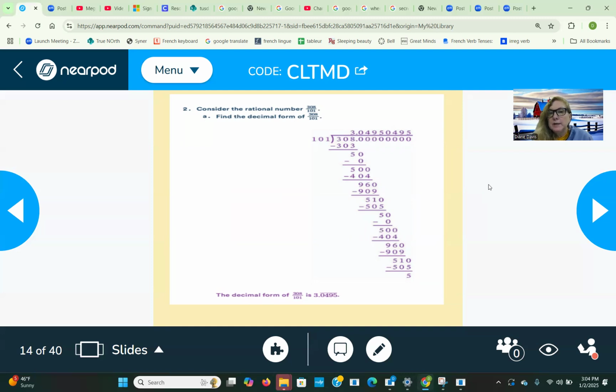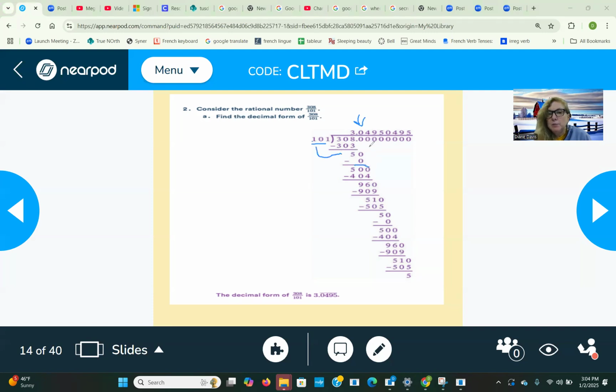Then you subtract 303 from 308 and you get 5. And then from there, 101 will not go into 50, so that gives you the 0 here. I make sure I have a 0 because 101 will not go into it.